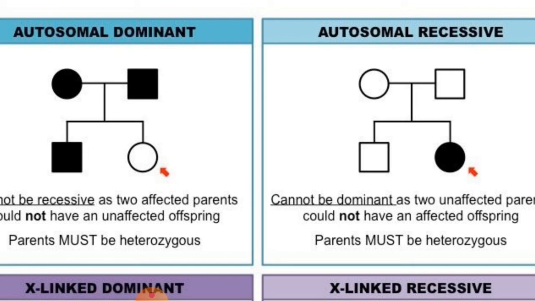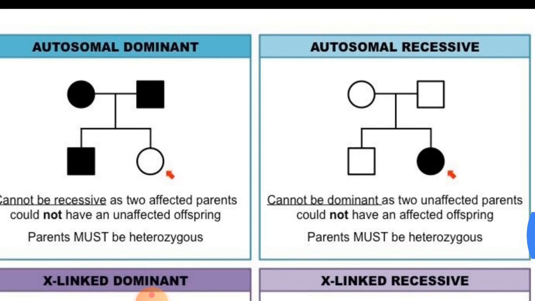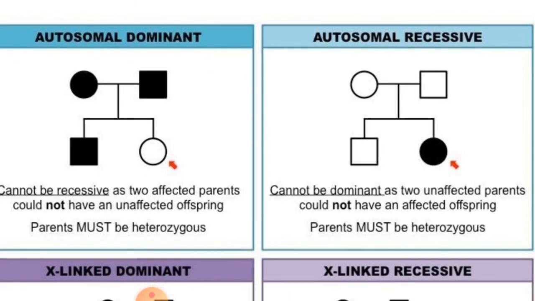Both are autosomal, right? But in the case of the dominant one, only the gene on one of the chromosomes is required to express itself. Whereas in the recessive one, even if the parents are unaffected, that means they are heterozygous for it. So in the heterozygous state the recessive character is not expressed, but it is being expressed in the offspring.